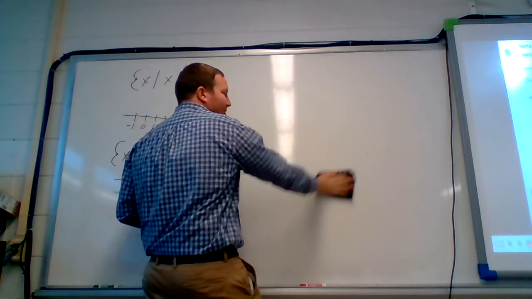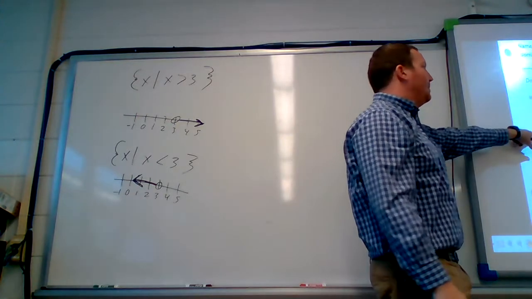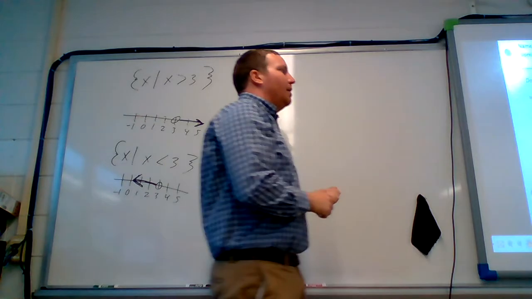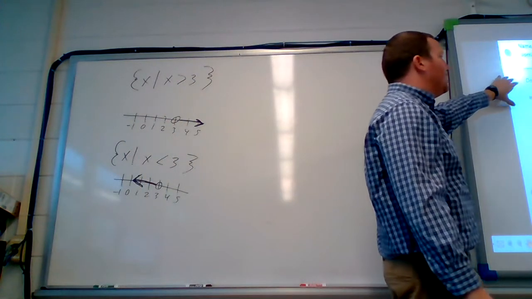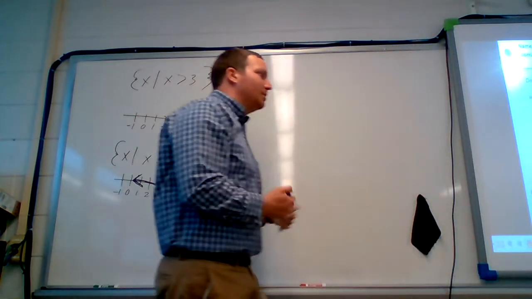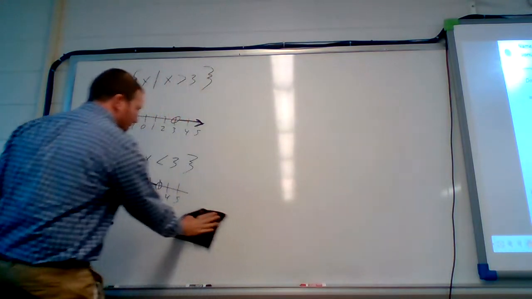And if domain is the set of all of our x values, our range is the set of all output values of a function or relation. So if our domain is all of our x values, our range, in my own words, is all of our y values. How far up, how far down do we go?